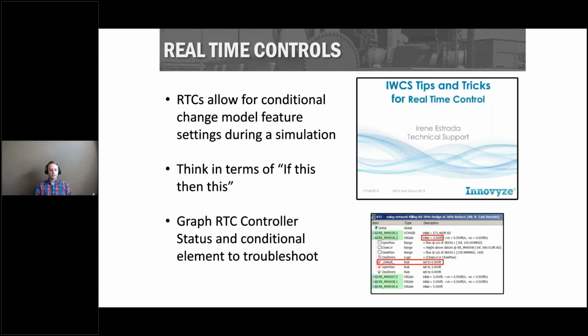And then always, when you're QCing these, trying to figure out if they're working or not, you can graph the RTC controller status and whatever conditional element you're using to drive that controller, and see, okay, did the condition happen, and what did the status of my controller do? If you're seeing the two correlate as you want, you know you're on the right path, or that you got the RTC correct. If you don't, then you know something's not quite translating, and you might have to troubleshoot further.